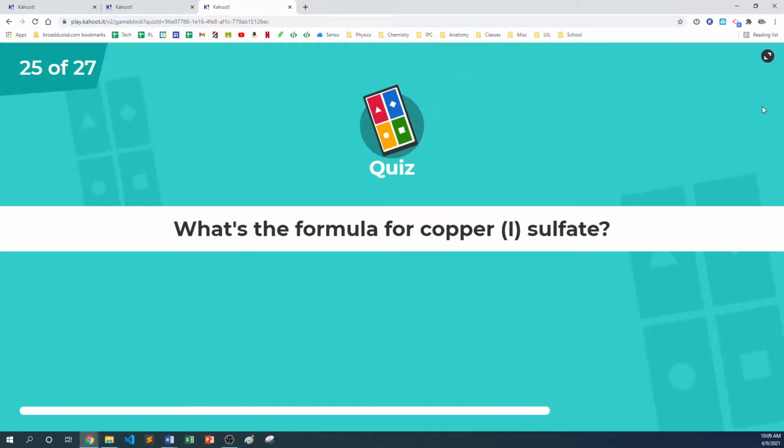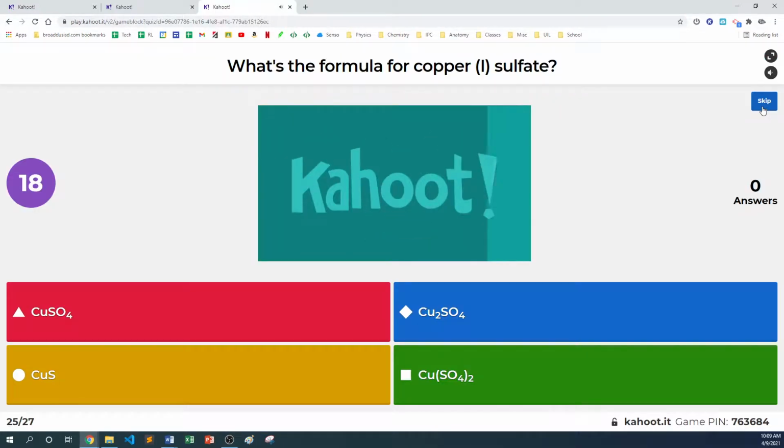What is the formula for copper 1 sulfate? Sulfate is SO4 and has a -2 charge.